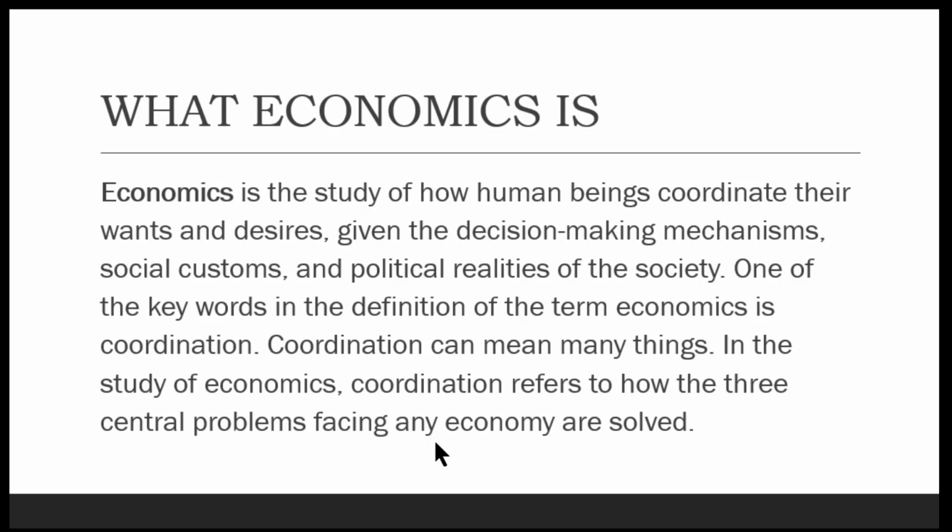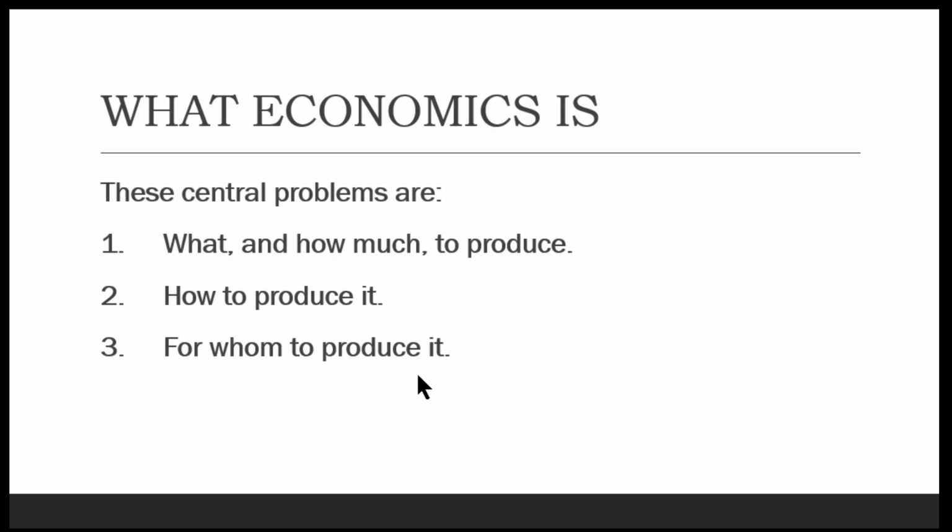And what are these three central problems? The three central problems are what and how much to produce, which is we have to decide what type of products we are going to make and how many, or the quantity that we need to produce. And of course, after identifying what we want to produce, we also need to know how to make it.